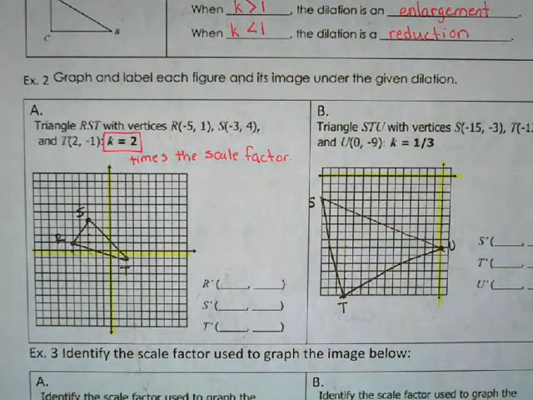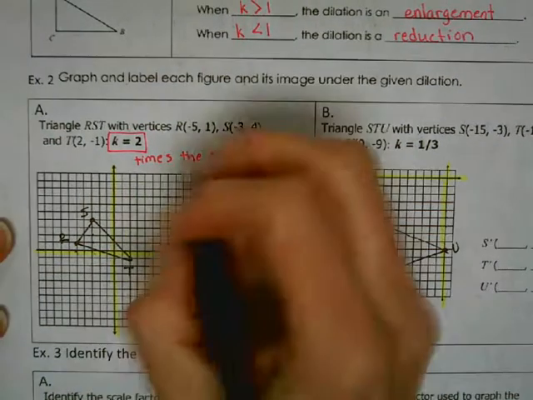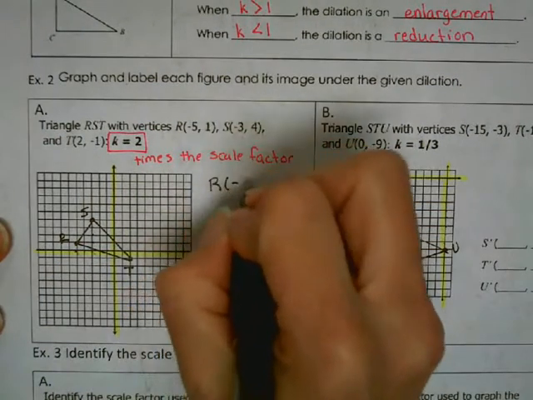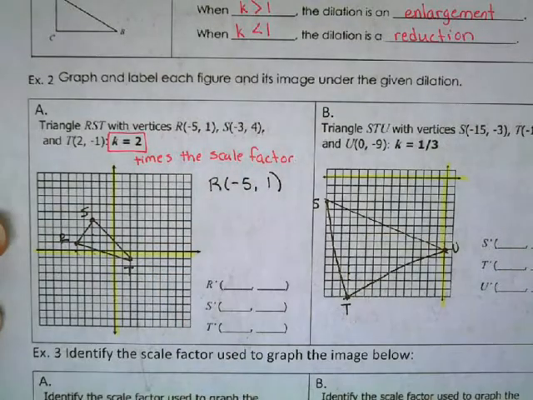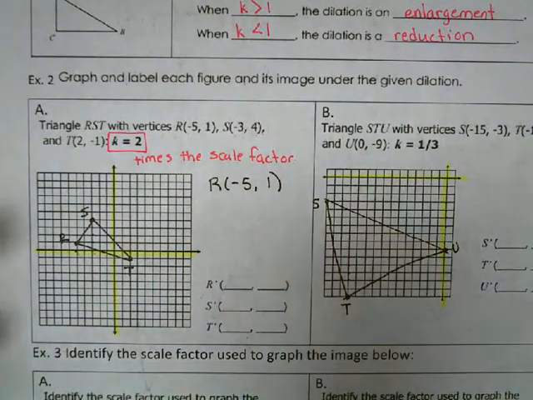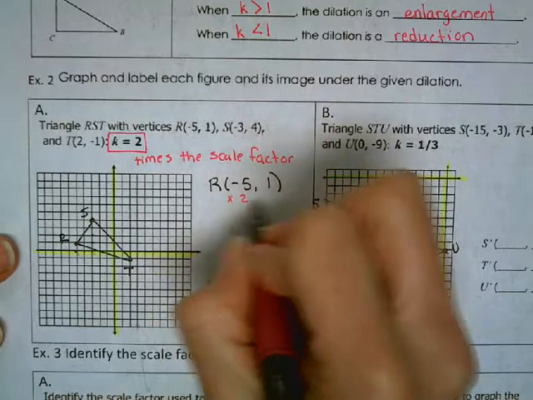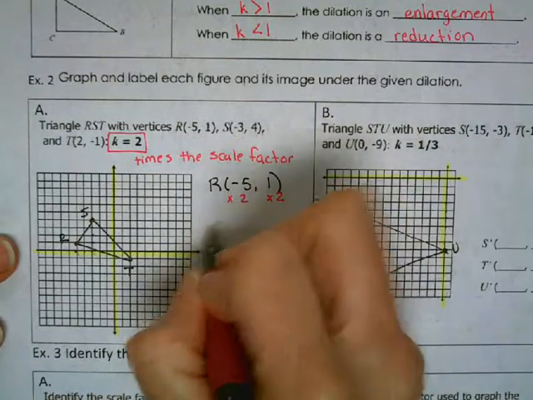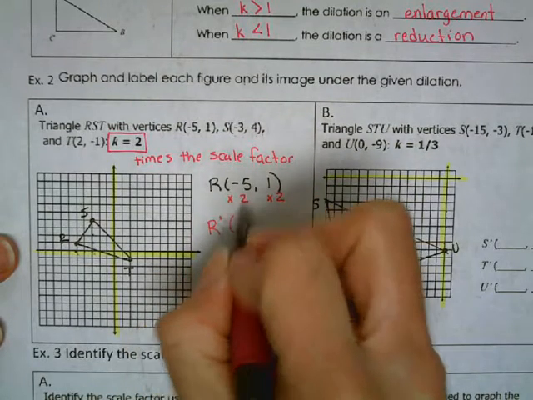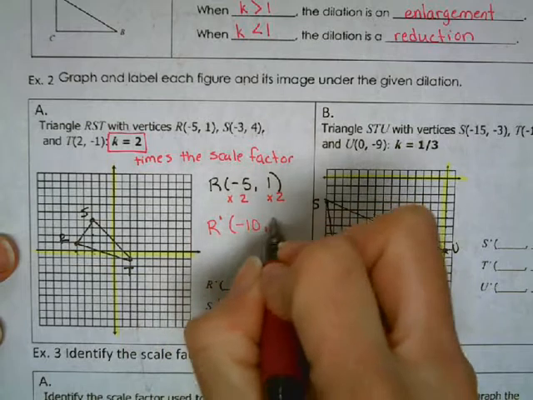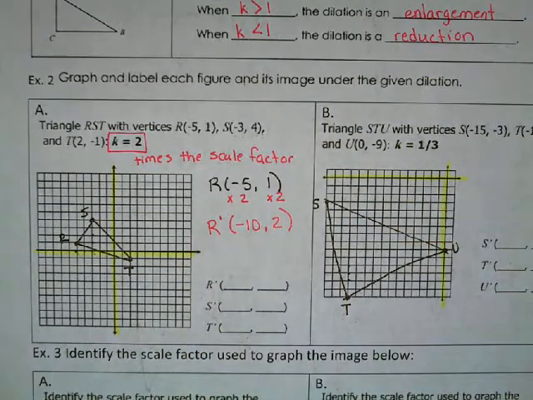We have the ordered pair R is -5, 1. You're going to take each individual one of those numbers and just times it by 2. So times 2, times 2. So your new R value would be -10, 2. That's it. You just times every number in the column times the scale factor.